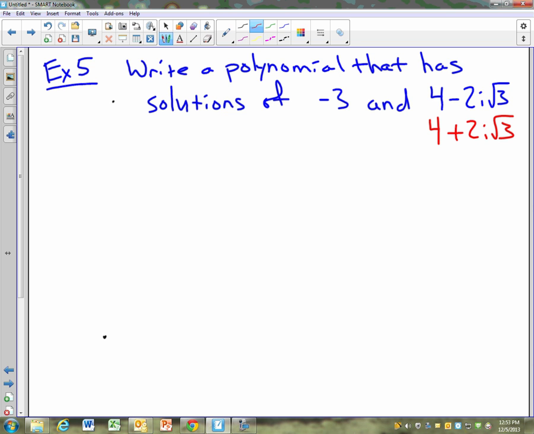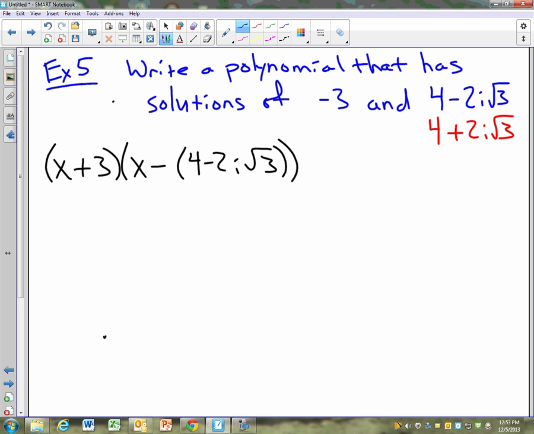Well, let's use the fundamental theorem of algebra. It says you can write this all in factored form. x minus negative 3, or x plus 3, times x minus my first root of 4 minus 2i roots of 3, and x minus my other root of 4 plus 2i roots of 3. Oh boy.